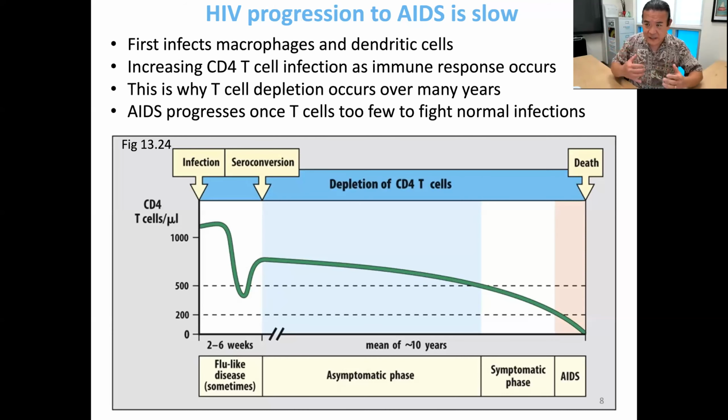Because remember, the B cells need things like the helper T cells to tell them what to do next, right? And so you can see as the activity of CD4 helper T cells is depleted after maybe a few years, this is what's known as the asymptomatic phase.